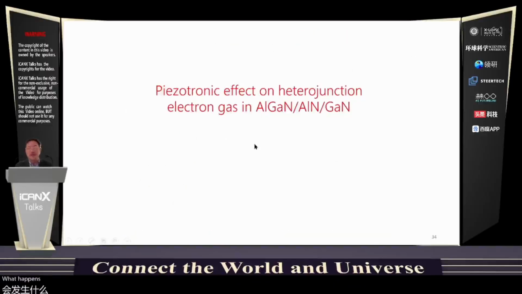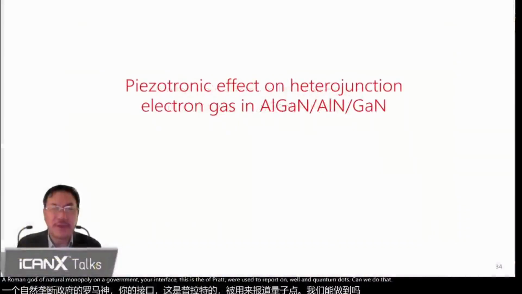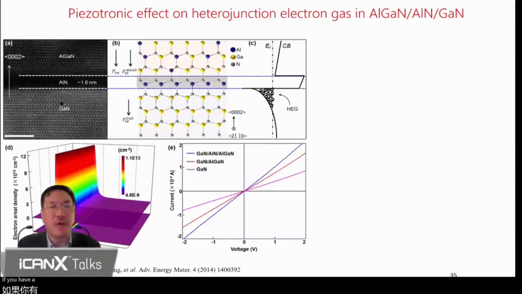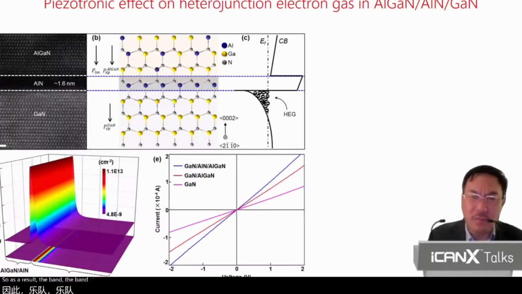What happens if you use this effect to tune the two-dimensional electron gas at the aluminum gallium nitride and gallium nitride heterojunction interface? These are practically very useful quantum wells and quantum dots. Can we do that? Let me show you. If you have a quantum well, due to the lattice mismatch between aluminum gallium nitride and gallium nitride, there's inevitably strain at the interface, no doubt. So as a result, the band structure bends downward.